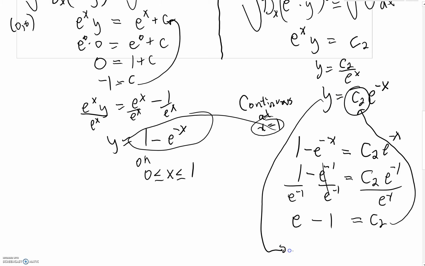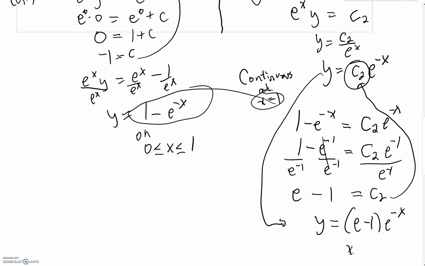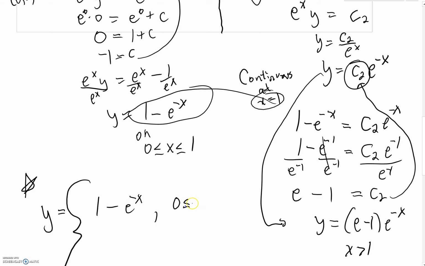So what are we really saying? Y is going to be e minus 1 times e to the negative x on this interval. So if we wanted to write this as a general solution, we'd say, well, the first answer that we got when we worked this out was true for x between 0 and 1.